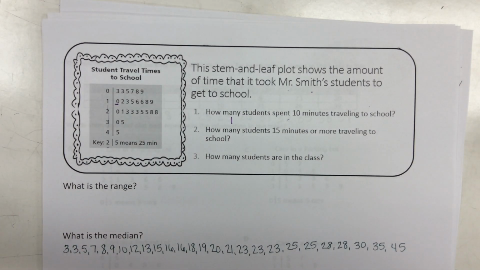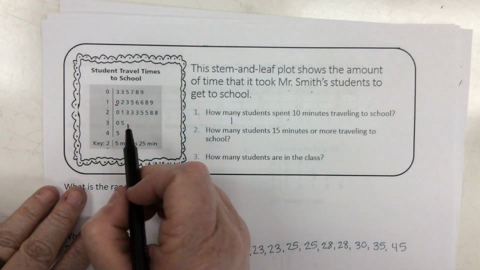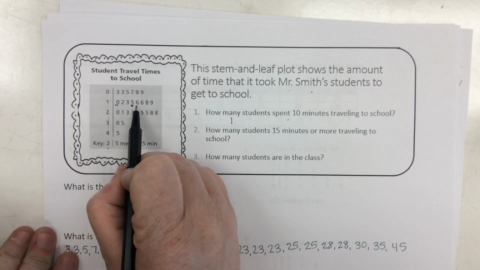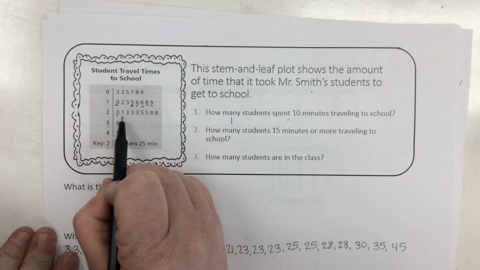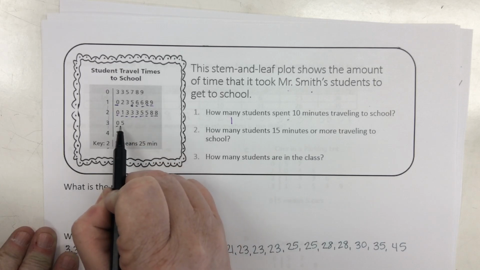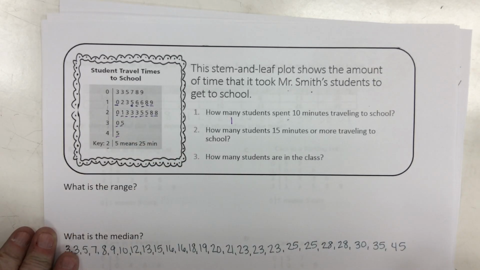Now, sometimes you may think, well, does it mean at least 10 minutes? If it meant at least 10 minutes, it would say that. Number 2 is an example of that. How many students spent 15 or more minutes traveling to school? So it could say or more. So we'll get my 15 or more. I'm going to underline them. 1, 2, 3, 4, 5, 6, 7, 8, 9, 10, 11, 12, 13, 14, 15, 16, 17.